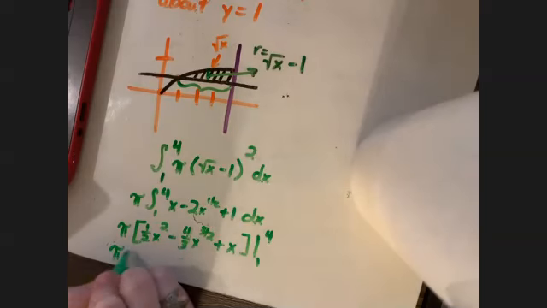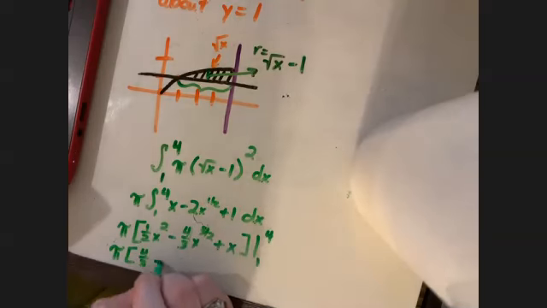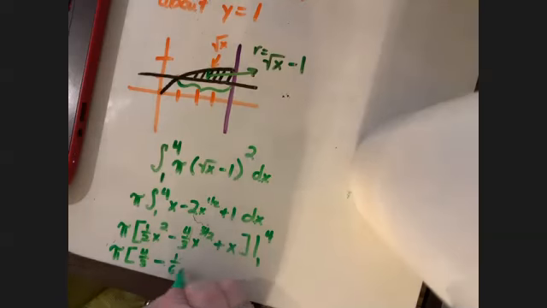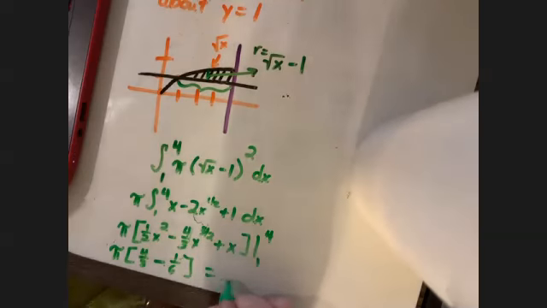So I've got pi, and that is 4/3 minus, and then I'm going to do the same thing with a 1. That is a 6th. So 4/3 minus 1/6 is going to be 7/6.